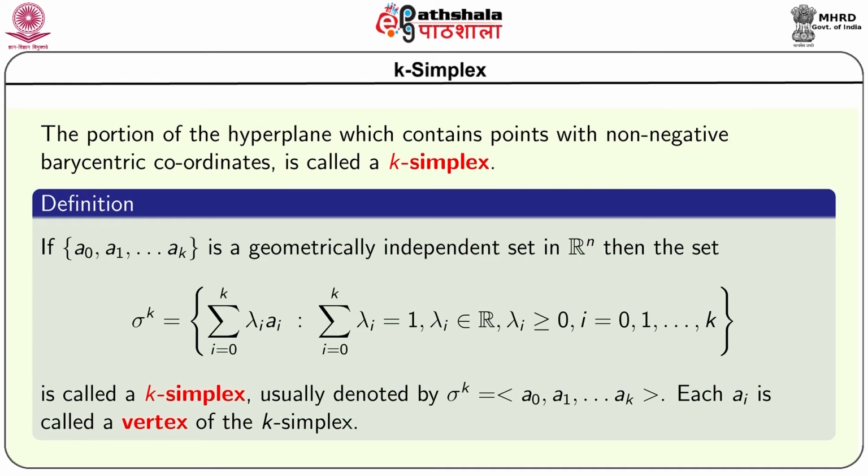Then this sigma k is called a k-simplex, and it is usually denoted by the triangle bracket a 0 to a k, and these points a 0 to a k are called vertices of the k-simplex. So, for a k-simplex we have k plus 1 vertices.